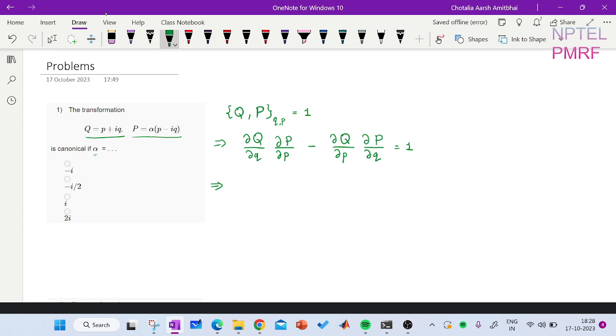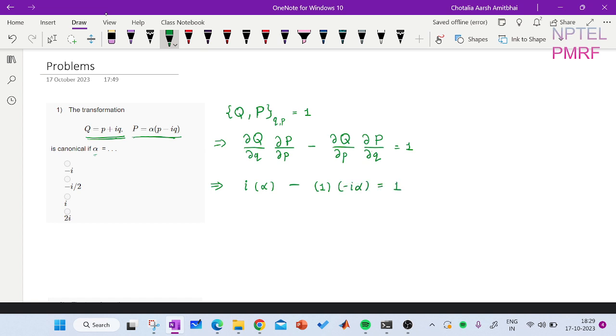So capital Q is p plus iq. So with respect to q, it's just i, and derivative of capital P with respect to small p is alpha. Okay, minus derivative of capital Q with respect to small p, which is just 1, and new P with respect to small q, which is minus i alpha.